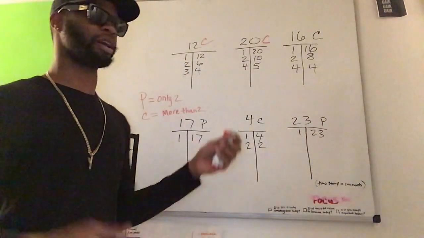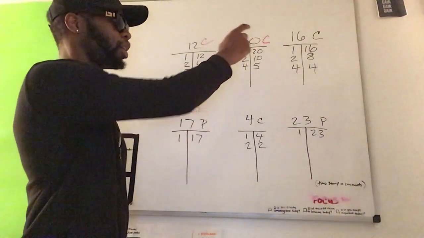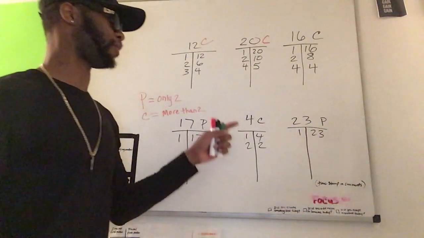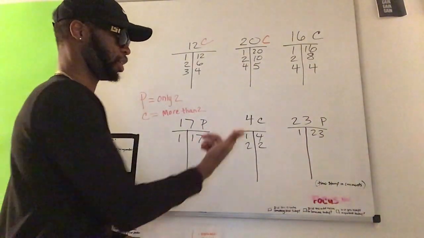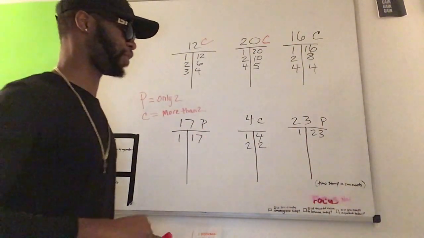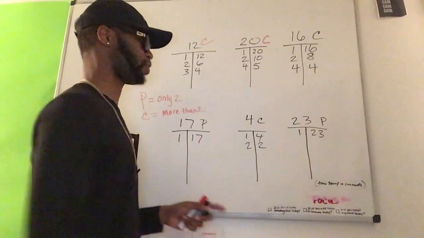So when we talk about factor pairs, we're talking about the 2 numbers that came together to get whatever we were looking for. For example, if I want to know how many factor pairs there are for the number 4, I need to see how many pairs of numbers I have to multiply to get 4. How many pairs of numbers?